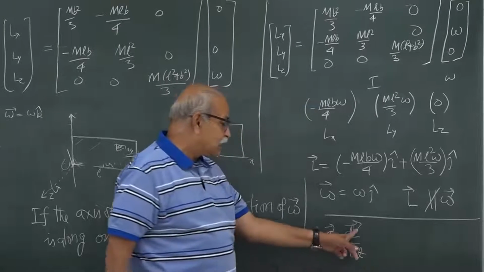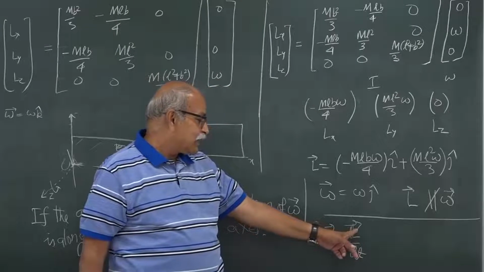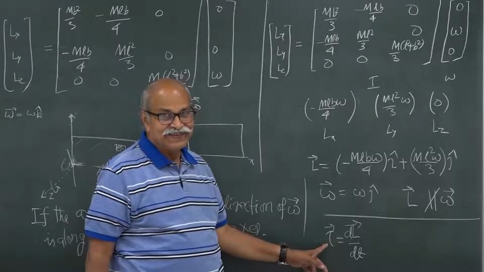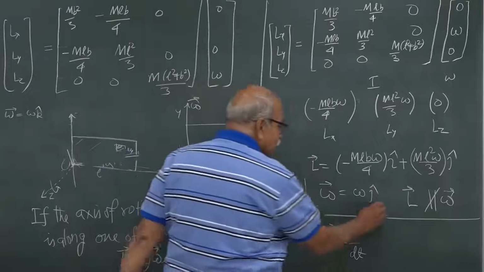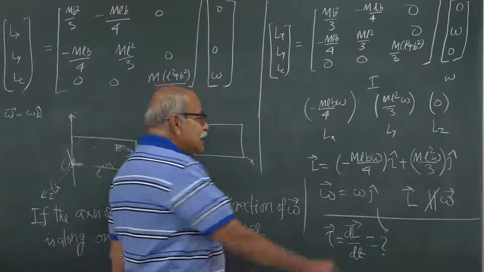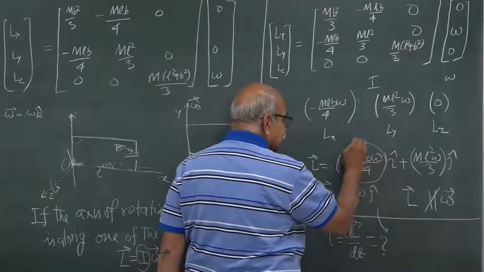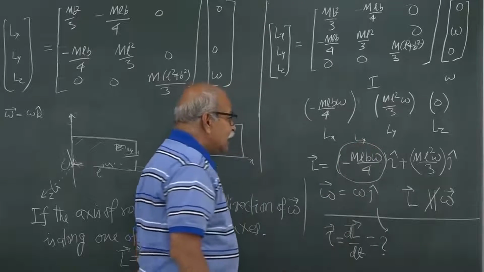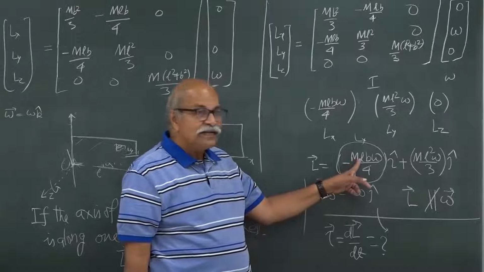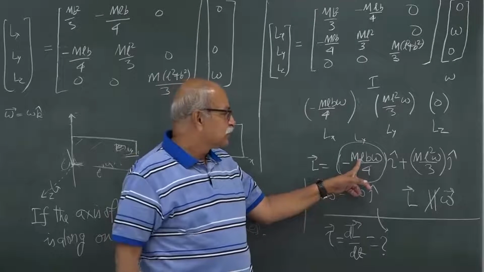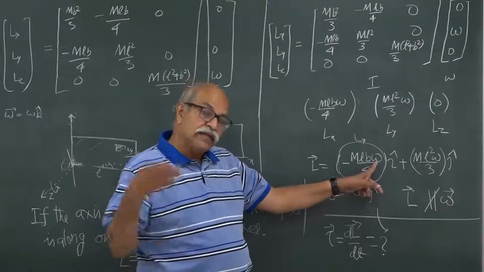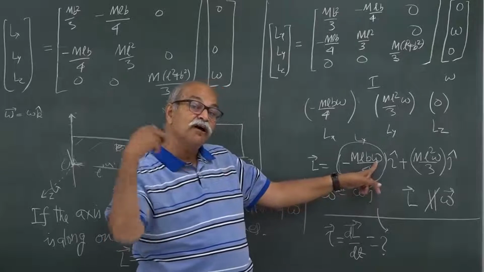So, if this L is constant in time, as time passes this L remains the same, then the torque is 0. The question is, in this condition what happens to that torque, is it 0 or is it not? See this Lx, the x component of L, and that is capital M constant, mass of the plate, small l constant, length of the plate, b constant, width of the plate, omega constant, it is rotating at uniform velocity.